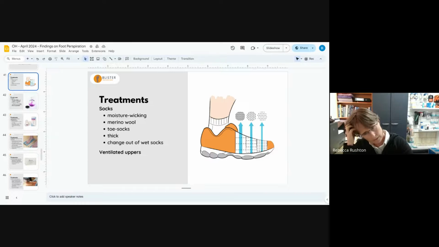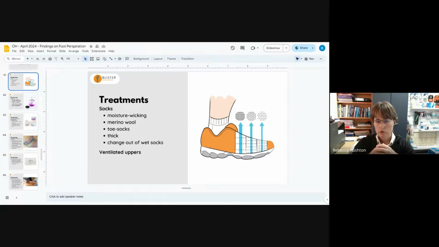Then they repeated it, but this time the socks were identically constructed with a dense padding construction technique, so they were thicker, essentially. And it found that the 100% acrylic sock was way better than the 100% cotton sock. So it was thickness that mattered most in terms of blister protection.